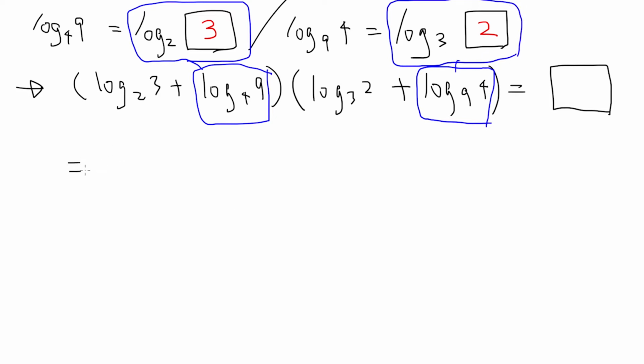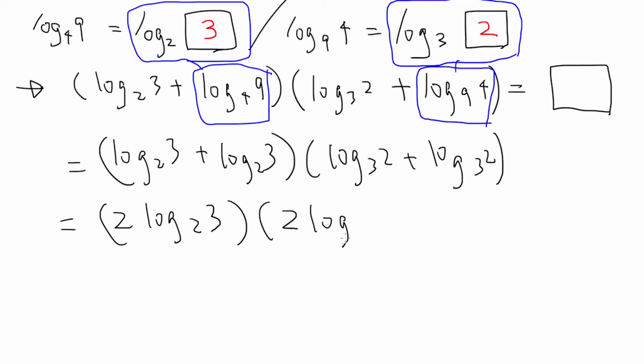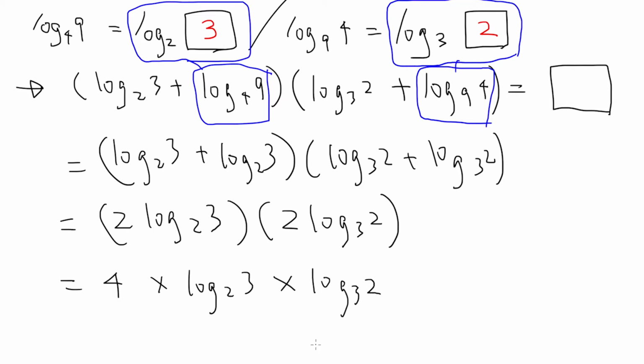And we get... now log base a of b times log base b of a equals 1. So the answer is 4.